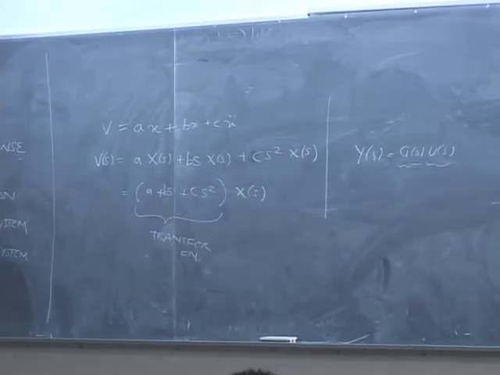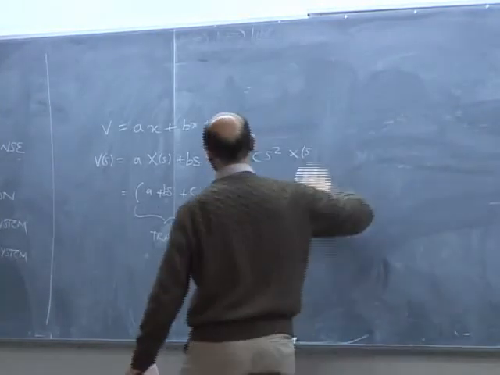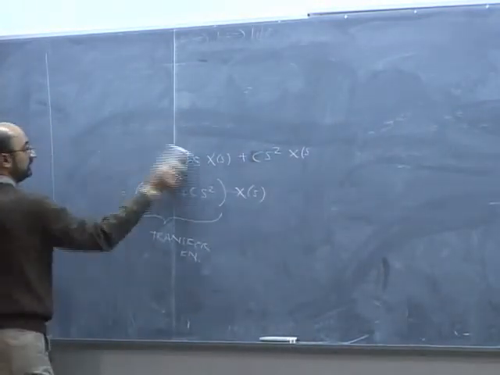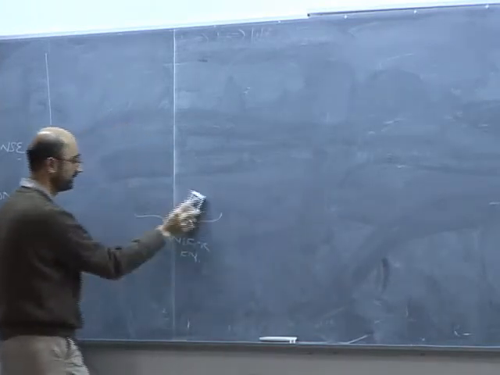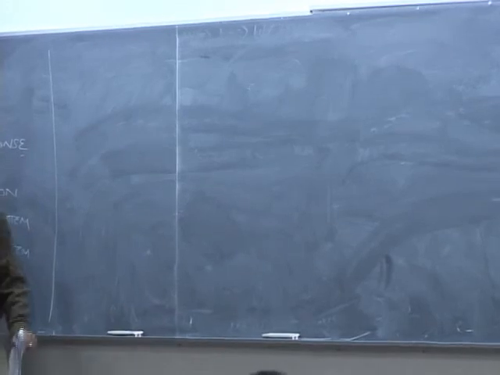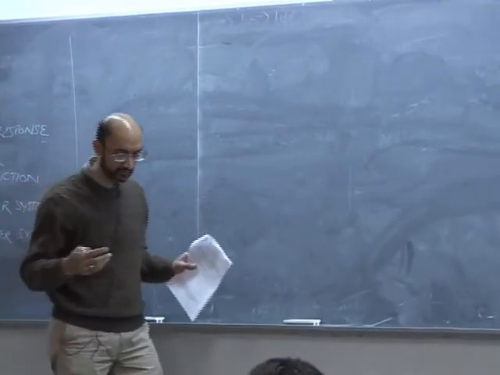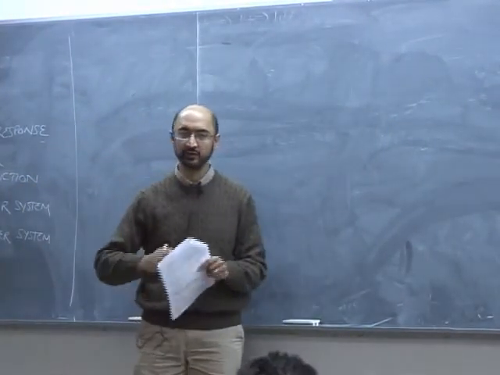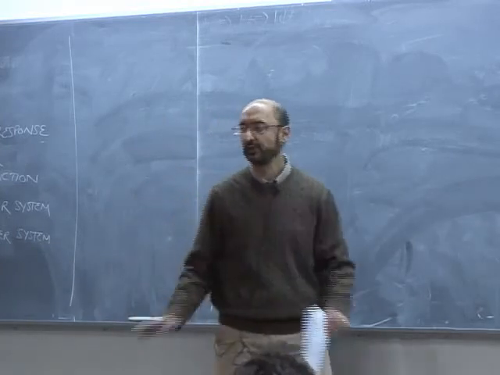Okay, so now we're going to take a little bit of a detour and look at what I call first order and second order systems. And these are what we would call simplified canonical systems. So we're going to just ignore modeling a real system.